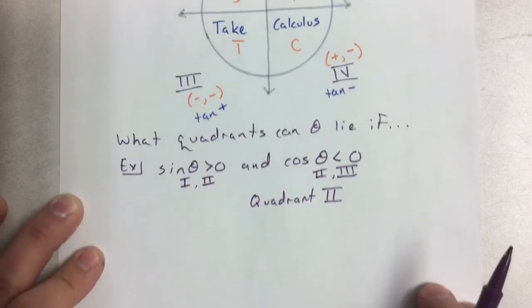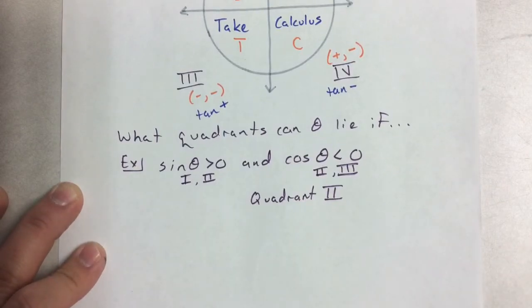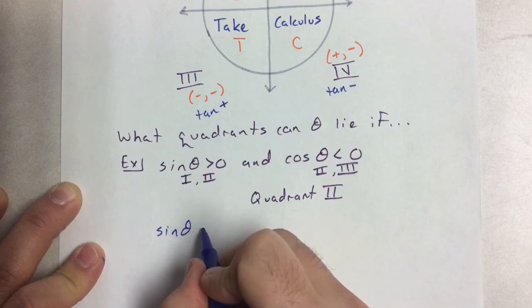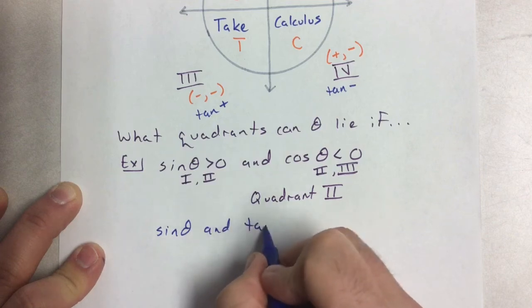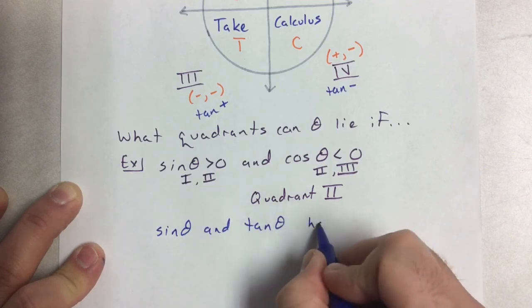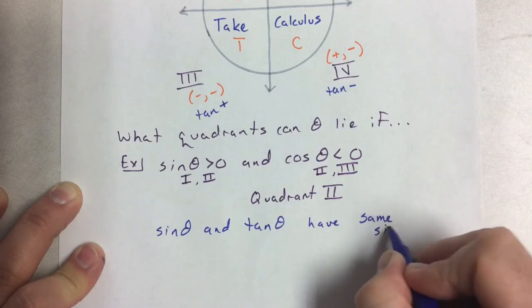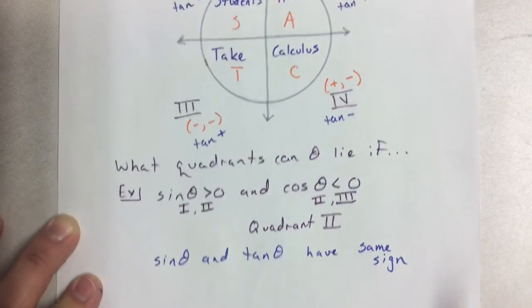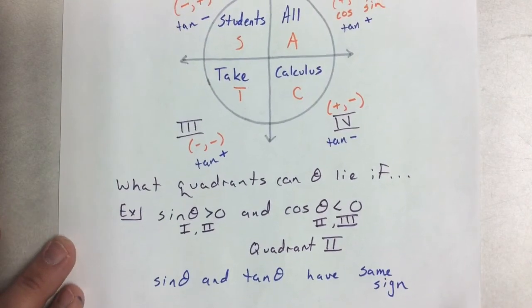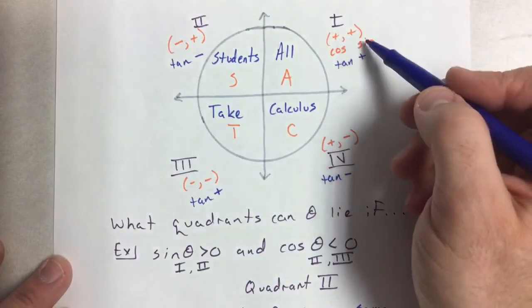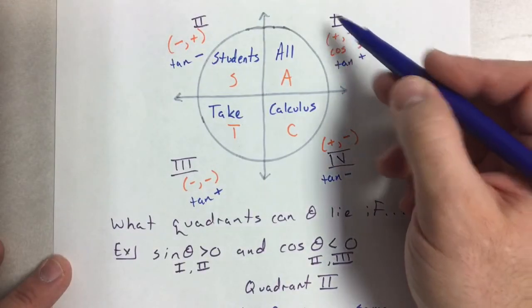Let's try another. So let's say we have sine of theta and tangent of theta have the same sign. All right. So sine and tangent have the same sign. Okay. So sine's positive, tangent's positive in the first quadrant.